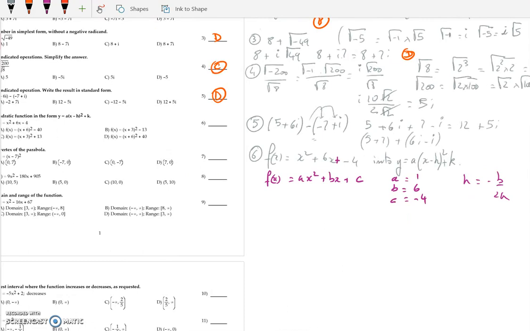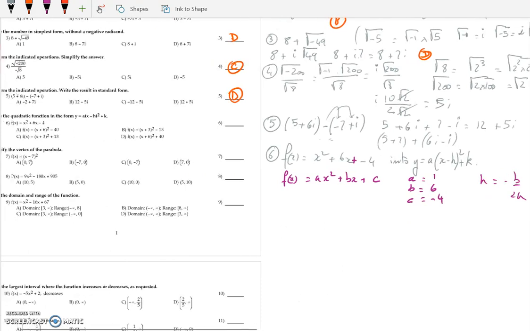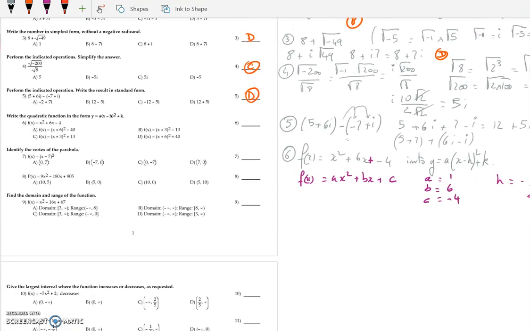Let's take a look at the answers in the multiple choice. As I can see, A has x plus 6, D has x plus 6.